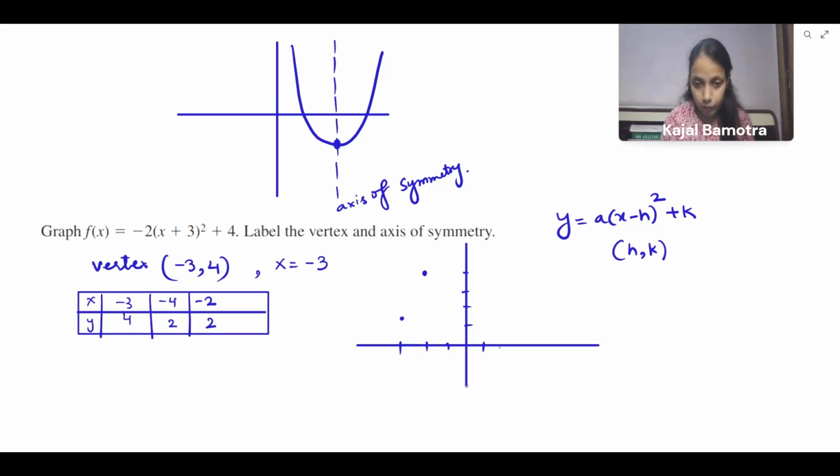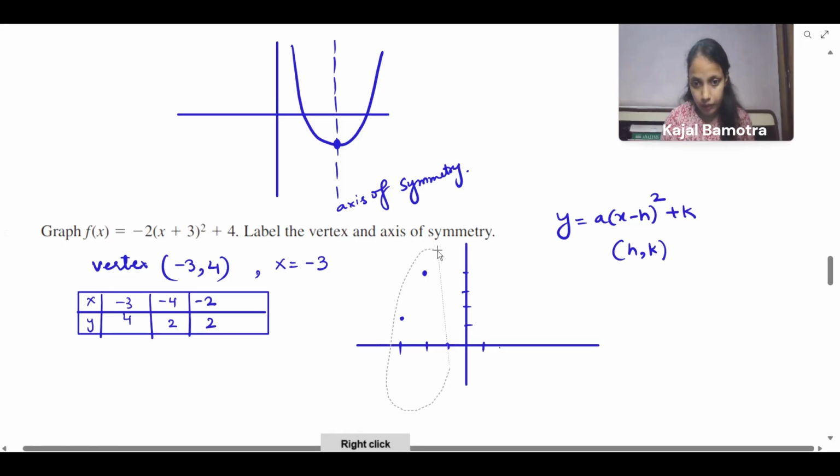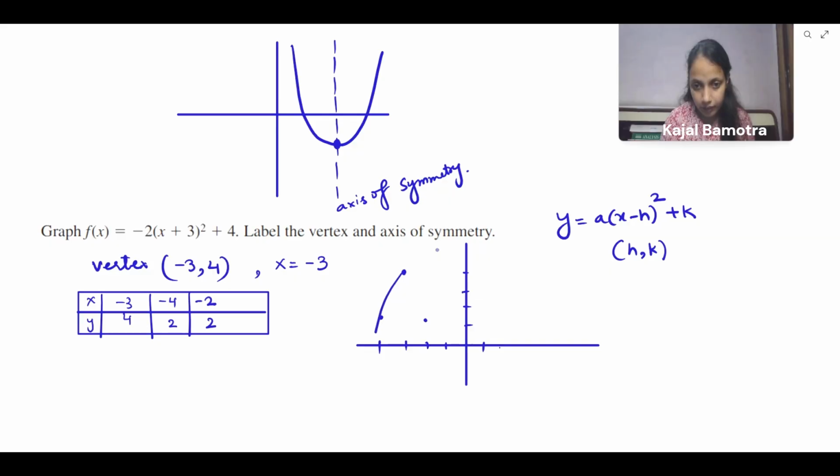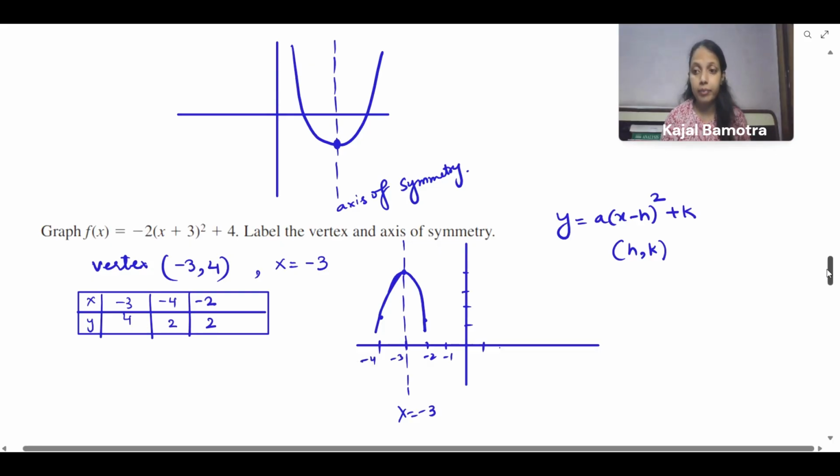At negative 2, it is 2. It's like this. So at negative 2, it's 2 again. So connect all of it. This is how the parabola will look. And the axis of symmetry is this line. x equals negative 3 is the axis of symmetry. Okay, so this is done.